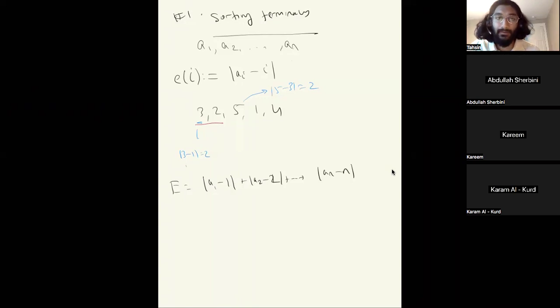So 3 comes closer, but 2 becomes further. So the net difference is 0. Does that make sense? Yeah, so E does not always decrease.